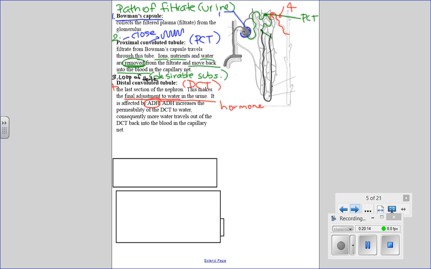But I'm just going to write the word homeostasis here so that you are already thinking, hey, when she asks us about homeostasis on this quest, I know I should probably talk about this hormone ADH and how it affects water. Now, is there anything that anyone would like to ask about any of those pieces? Bowman's capsule or the proximal or distal convoluted tubule?